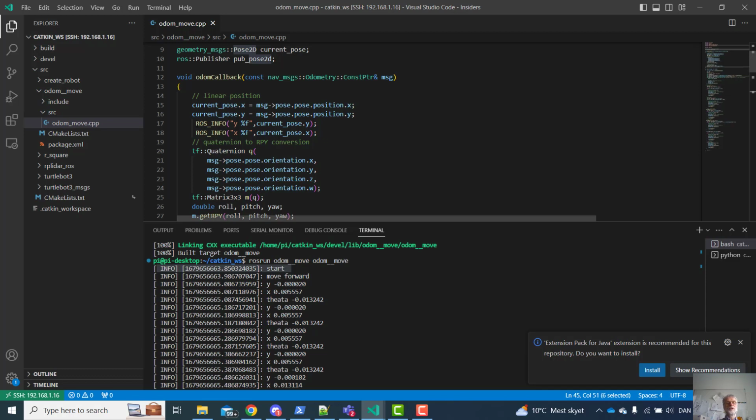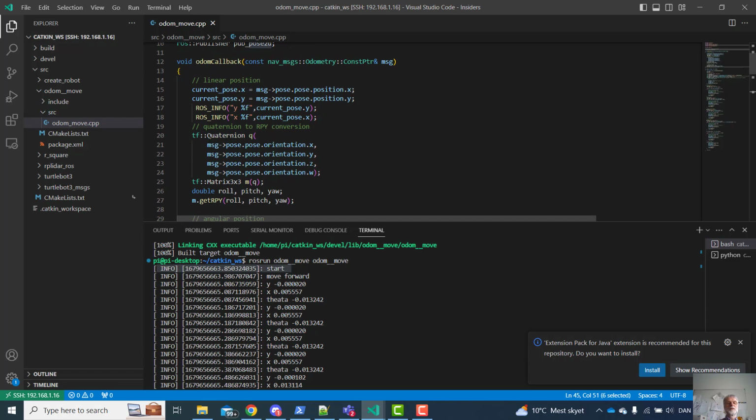And then I use my ROS info here, and it is exactly as printf. If we look down here, we can follow the x, y position and the theta. The theta is coming out of this so-called quaternion, which is based on the odometry data, and then we have the trigonometric functions, and we get a nice conversion to an angle.